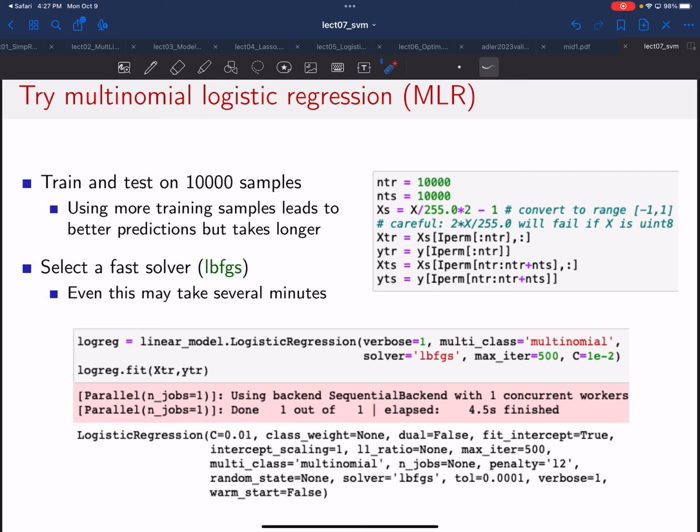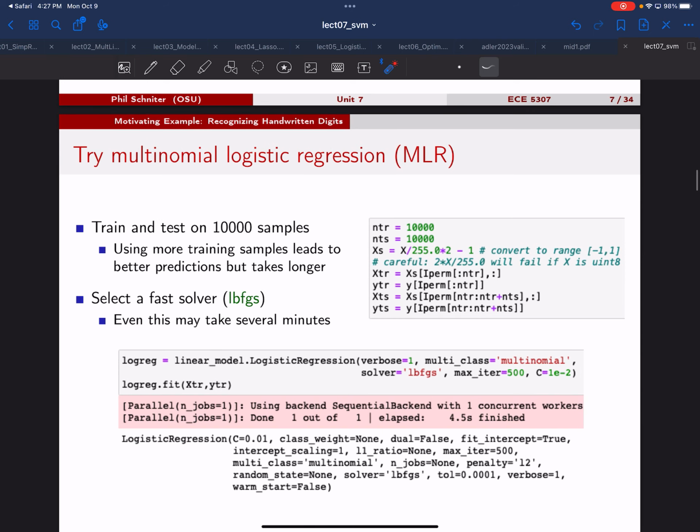For this one, we want to select a pretty fast solver, so we're going to use this LBFGS. Set it at 500 iterations. And if you remember, this is the inverse regularization strength for the ridge regression that is in logistic regression. So we're going to set that at this number.